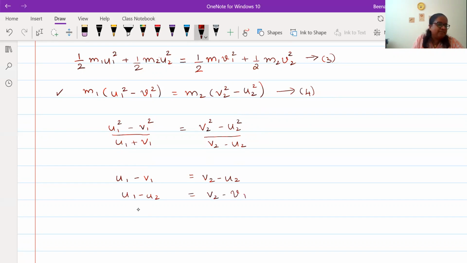So this left-hand side, u1 minus u2, can be considered as the relative velocity of A with respect to B before collision.